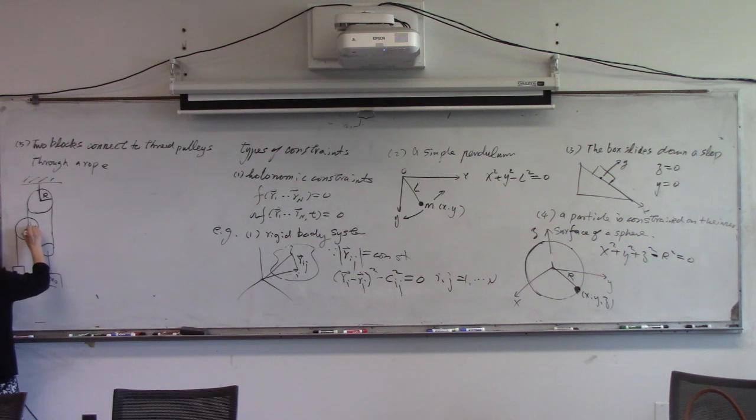This is also r. This is a lower r. So we have two loops, right? This is L1, from here to here to here, and this is L2.